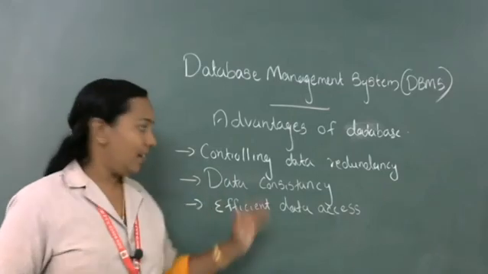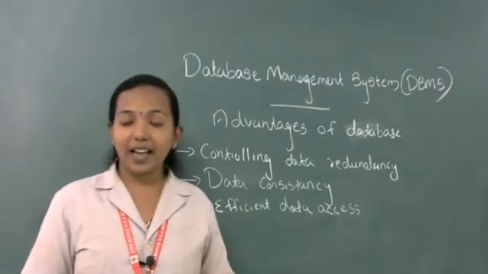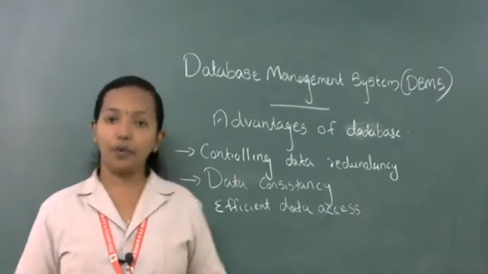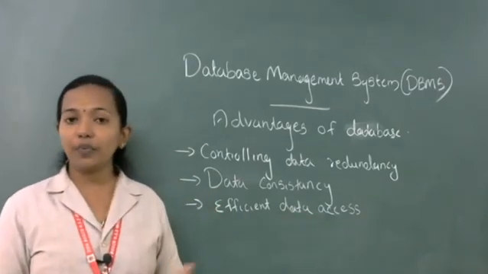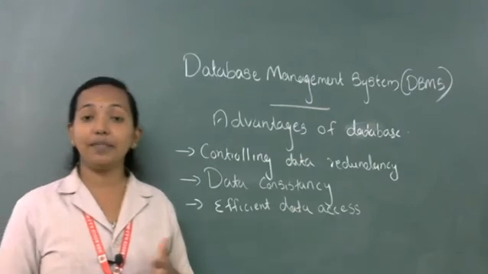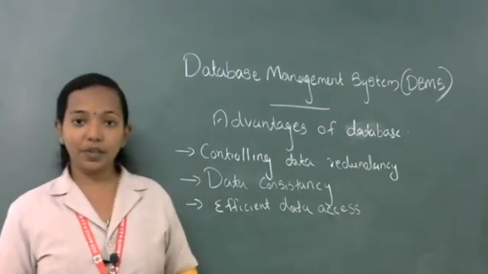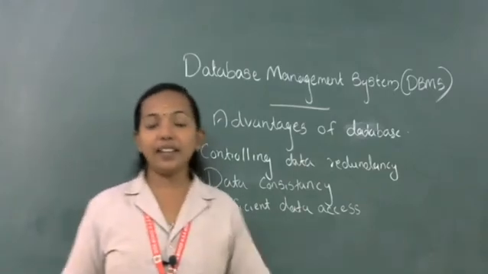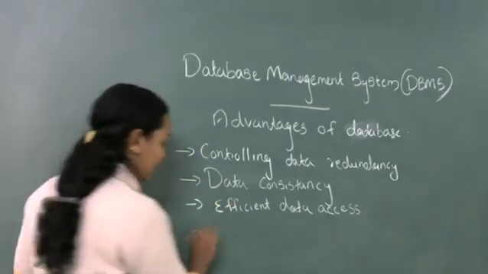When the database or DBMS crashes, we can recover that log file, and the entire transaction will be restored. So we can easily recover data. That is the advantage of efficient data access.